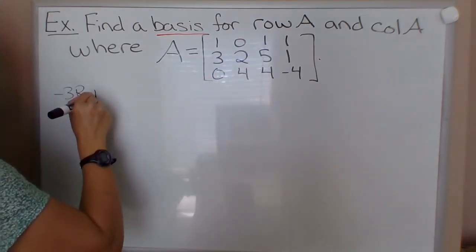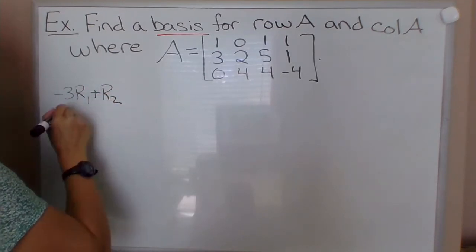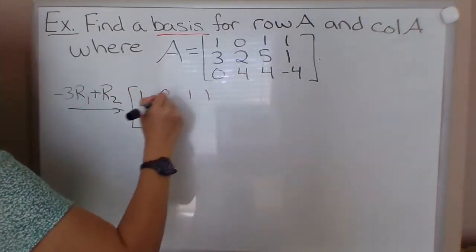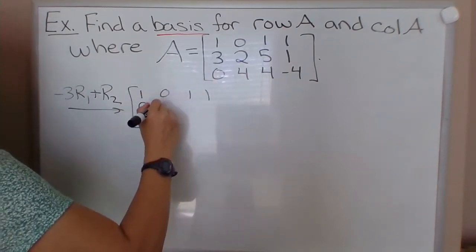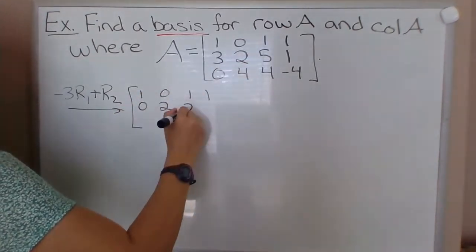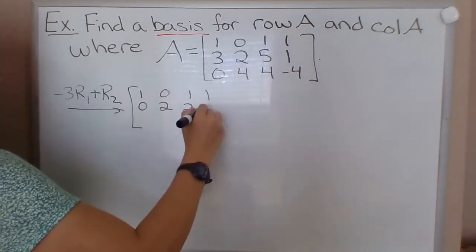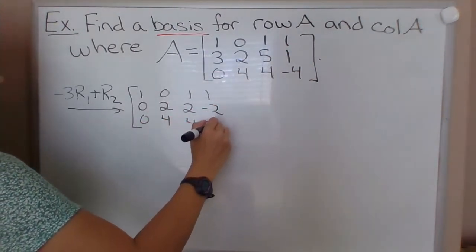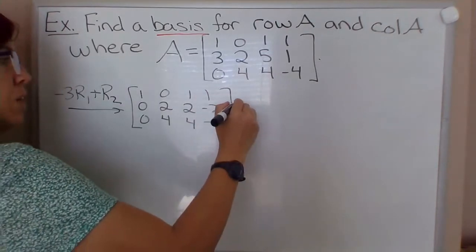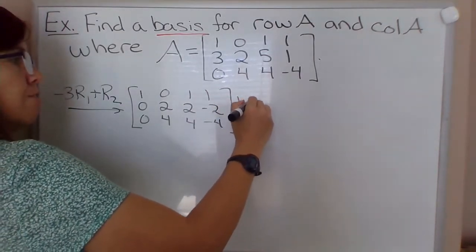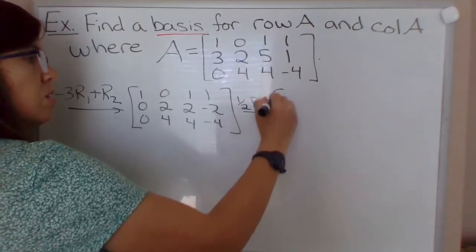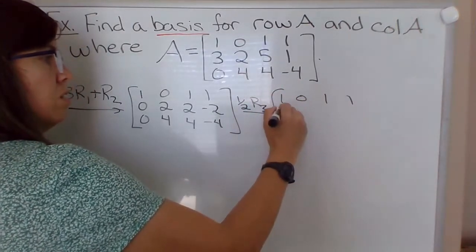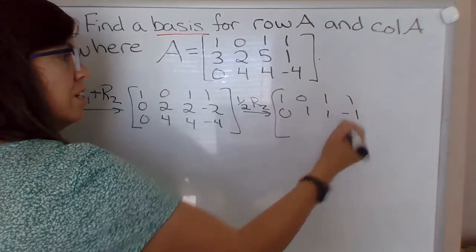So -3 times row 1 plus row 2 will give us 0, 2, 2, -2. And then I'll leave this row as it is for now. We could then do 1/2 times row 2. So that'll give me 0, 1, 1, -1.